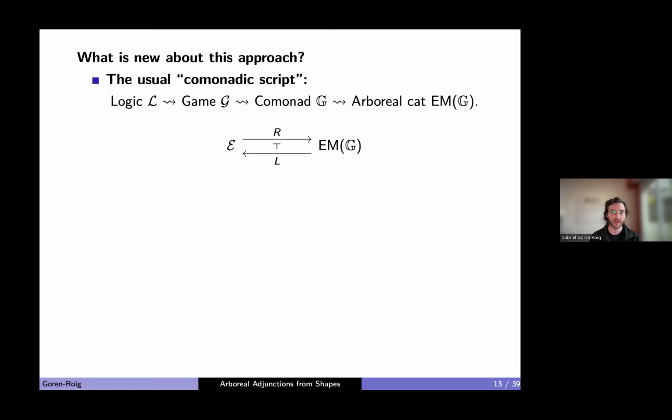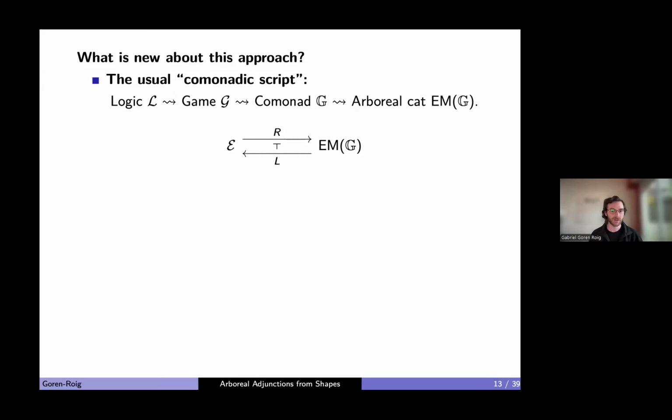I want to say a few more words before jumping into the details, about what's new about this approach in the context of what we're trying to do in comonadic semantics. By now there's something that we could call the usual script, and the fact that it's worked is amazing. The script goes as follows.